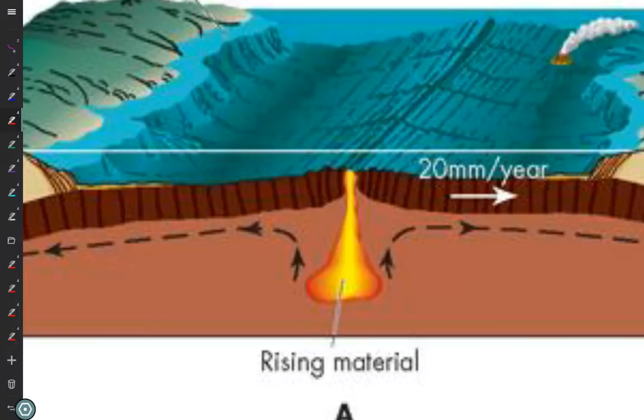So 2 centimeters is just under an inch. 2.54 centimeters is an inch. So it's about that big. That's how far the ocean is moving apart while each side is moving. Doesn't seem very fast, but over the course of a decade, you have a good 6 to 10 inches of motion.